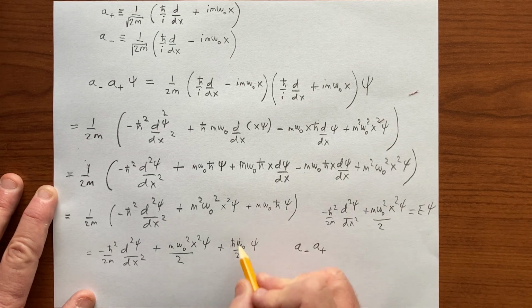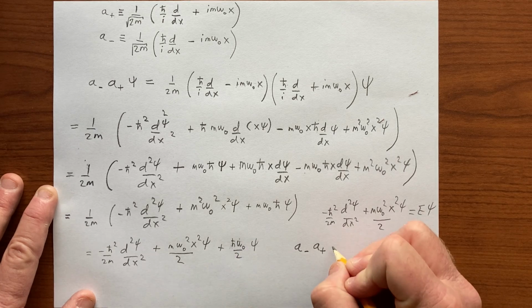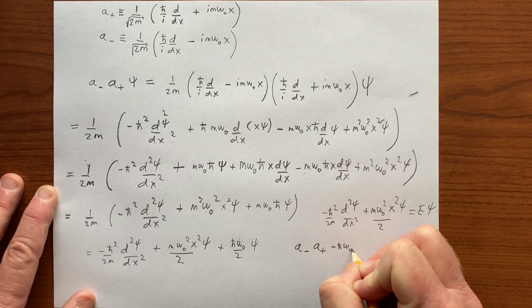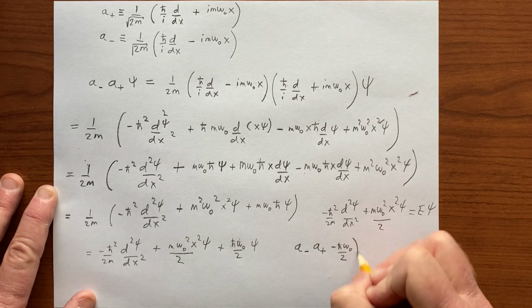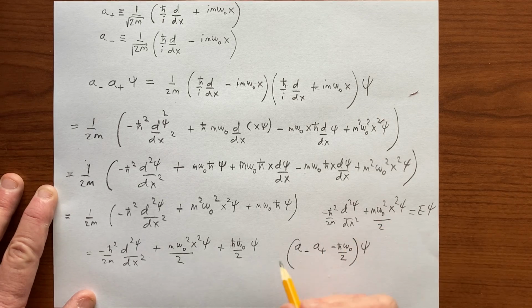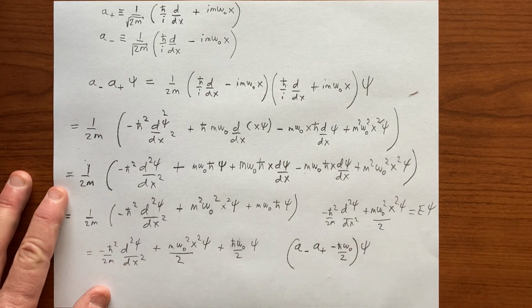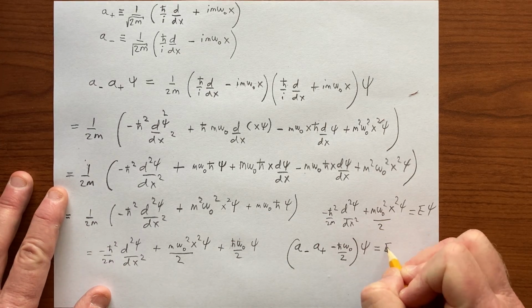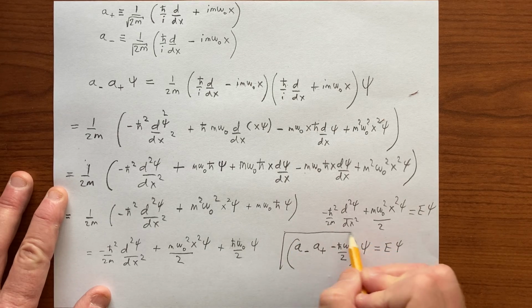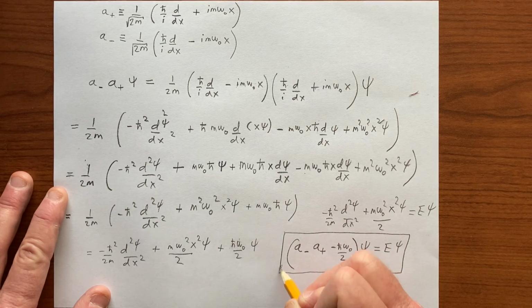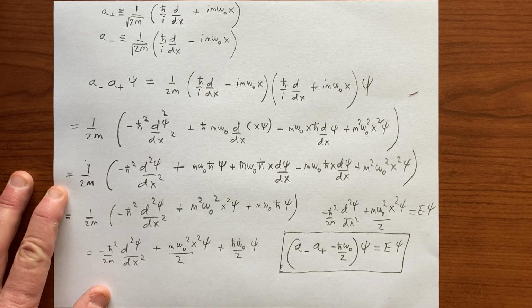We're going to have to get rid of this piece here, so we're going to do a minus h bar omega naught over 2 psi, right? So that would give us the left-hand side of the Schrodinger equation, and this would be equal to E psi. So that would be one way of writing the time-independent Schrodinger equation in terms of ladder operators. So we can also now write this Schrodinger equation in terms of A plus times A minus, and we'll do that next.